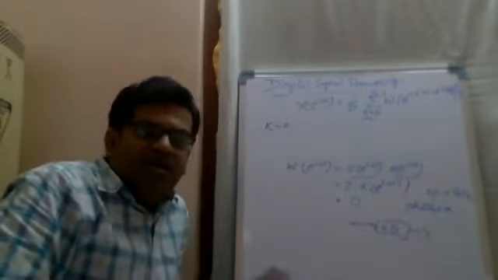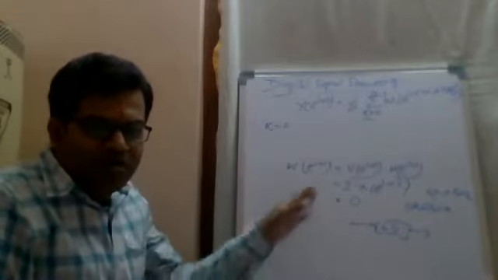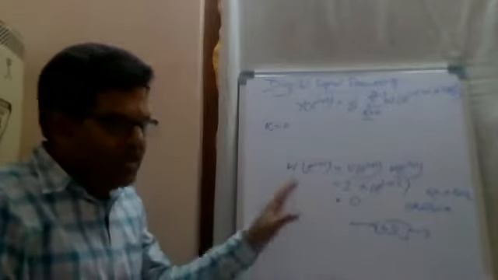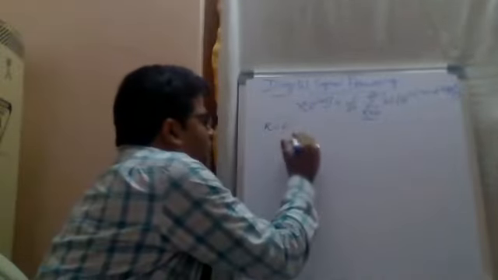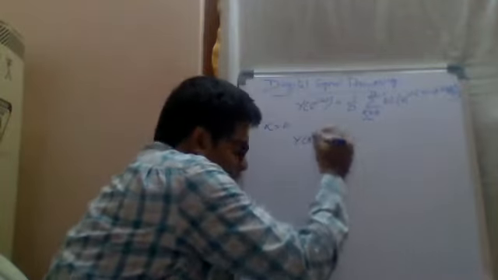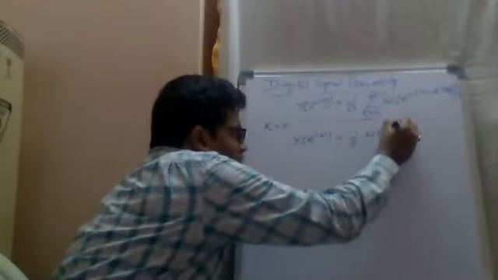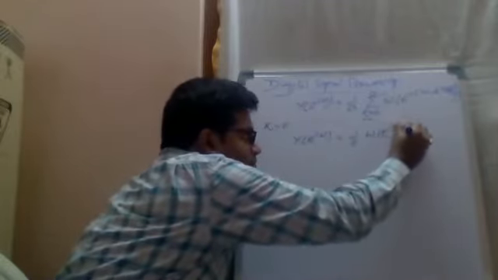It is because we are using a low pass filter, because of which the aliasing will be cancelled. So confining it to the result at k equal to 0, you have Y of e power j omega written as 1 by d W of e to the power of j omega by d.